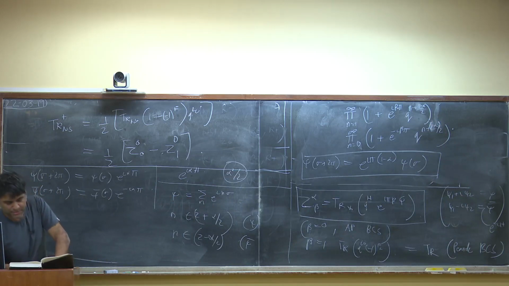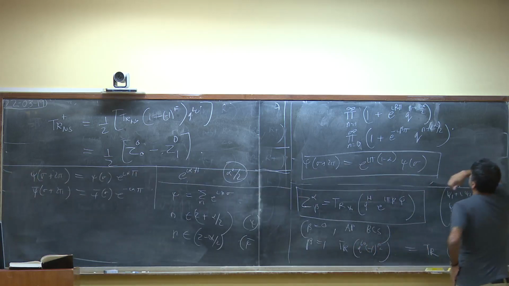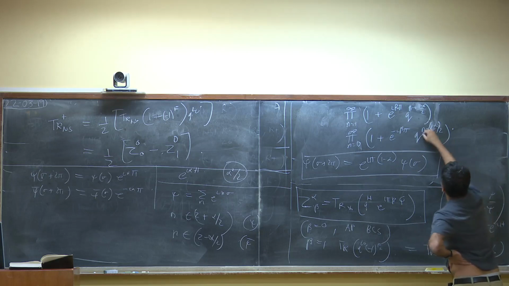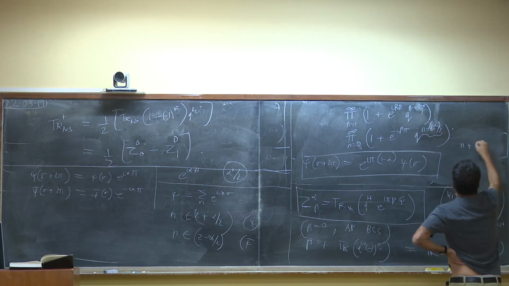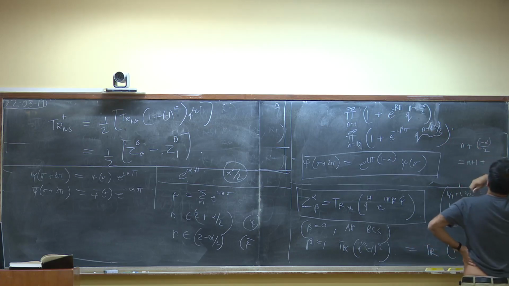Minus, right, 1 minus alpha by 2 and minus 1 plus alpha by 2. One of them is minus 1 minus alpha by 2 and the other one is minus 1 plus alpha by 2. Right, n plus 1 minus alpha by 2 is equal to n plus 1 plus.